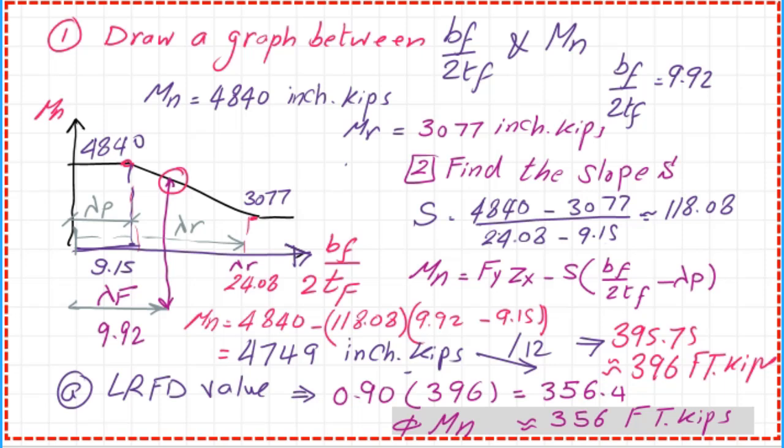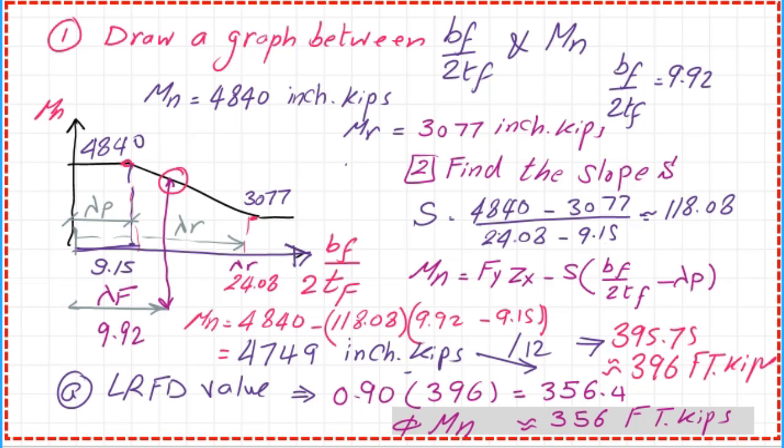The section's M nominal value equals MB minus S multiplied by lambda F minus lambda B, equals 4,840 minus the slope value, which is 118.08, multiplied by open bracket 9.92 minus 9.15, equals 4,749 inch kips, divided by 12 equals 396 foot kips, which is the nominal moment value.